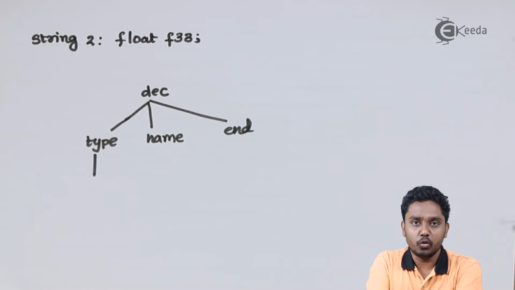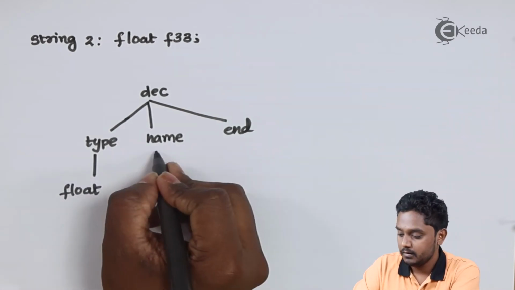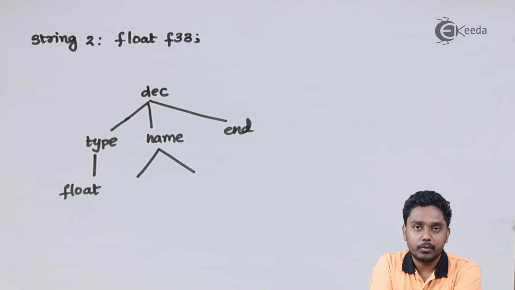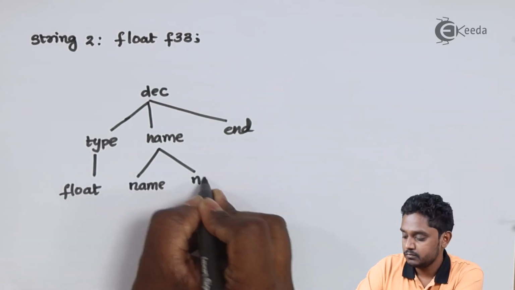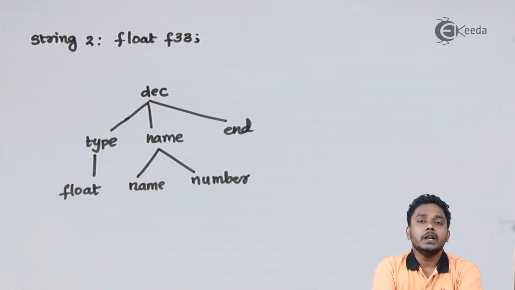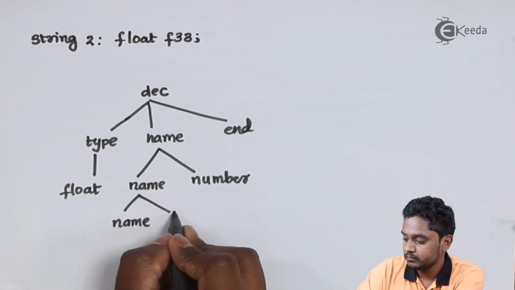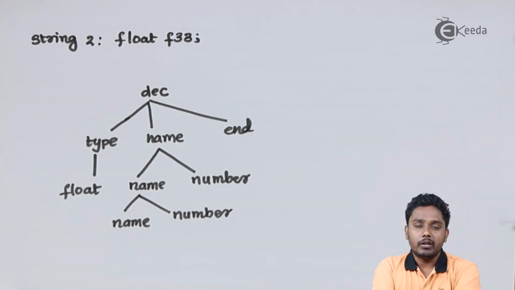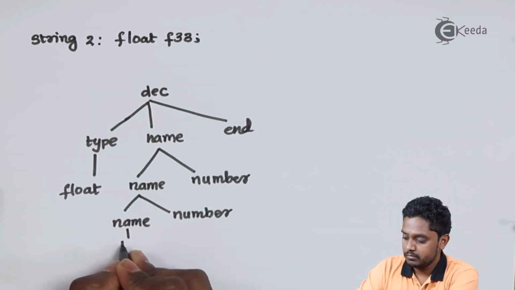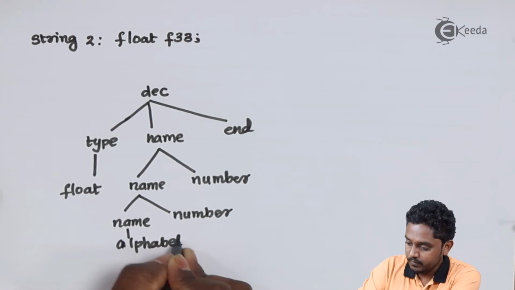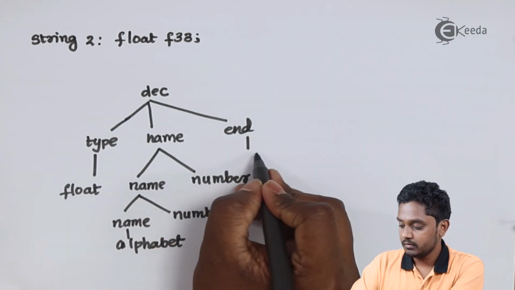Over here, the type is float. Name has to be a name followed by number. But over here, there are two numbers, that is 3 and 3. Once again, we have to use the same production. The first name has to be an alphabet, which is F over here. End has to be the semicolon.